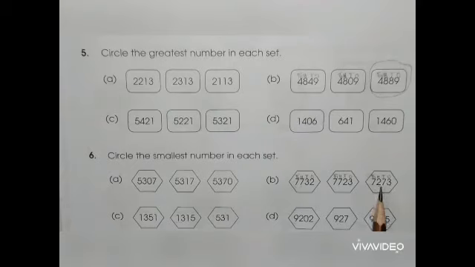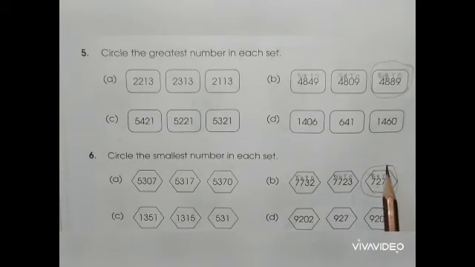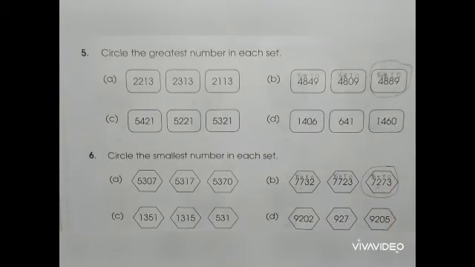As we know that 2 is smaller than 7, so the number that has the smallest digit in the column of hundreds is the smallest number in this set. 7,273 is the smallest of these three numbers. And in this way, we'll circle this smallest number.